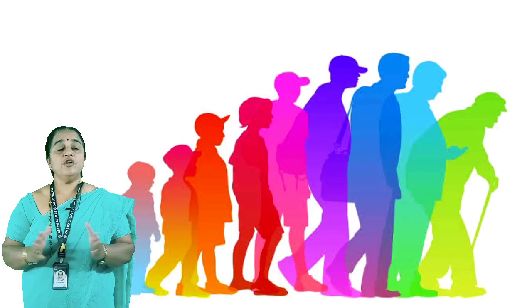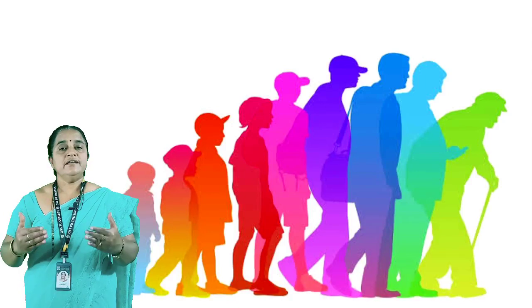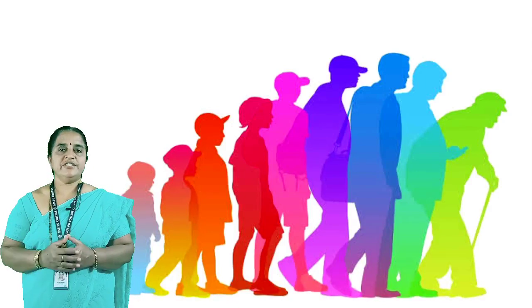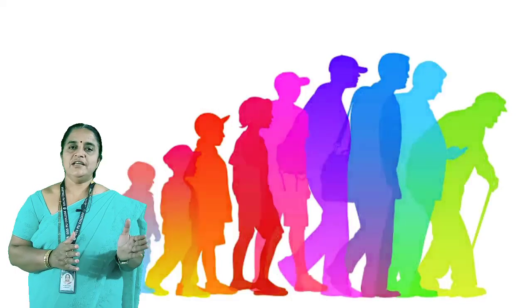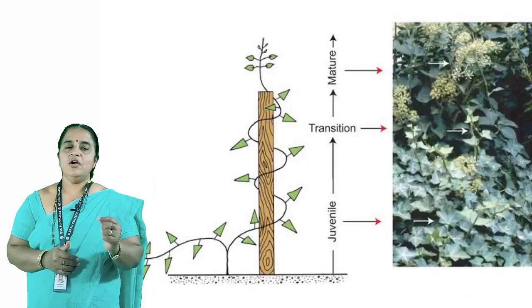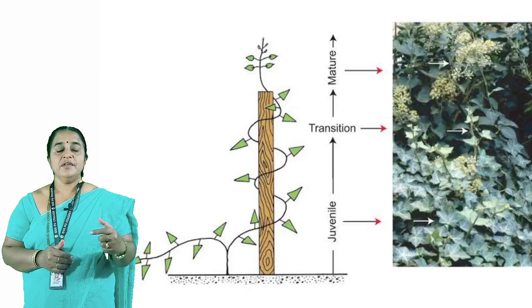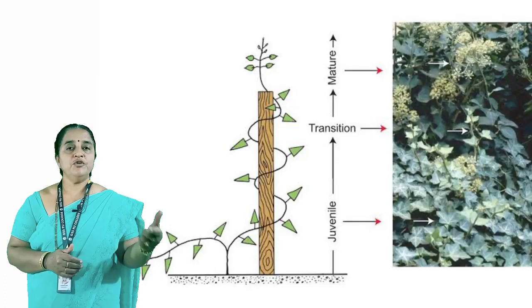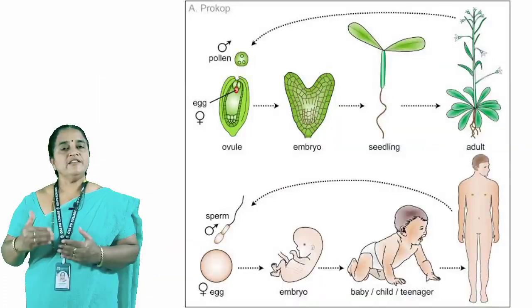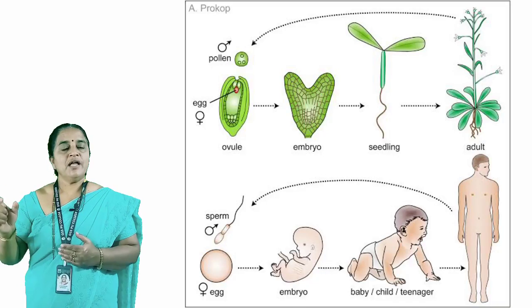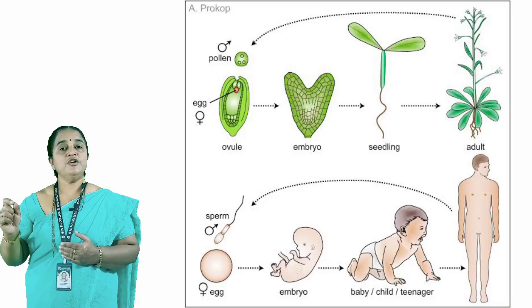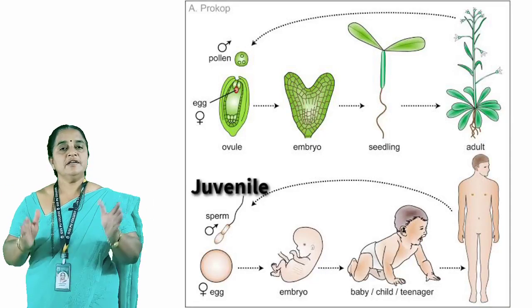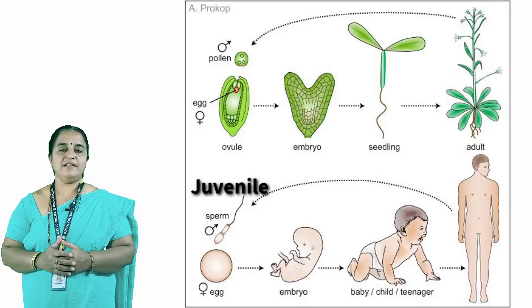Lifespan, if it is longer, is differentiated into three stages. The first stage is the juvenile or vegetative phase. Why are these two different words used? When you explain about animals, it is better to use juvenile phase as the first phase of lifespan.